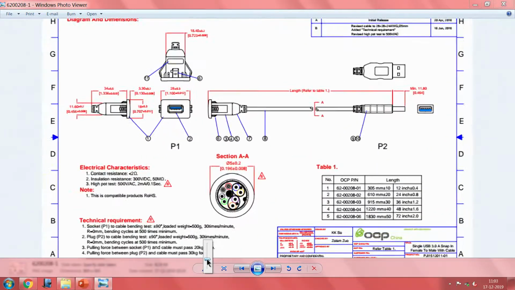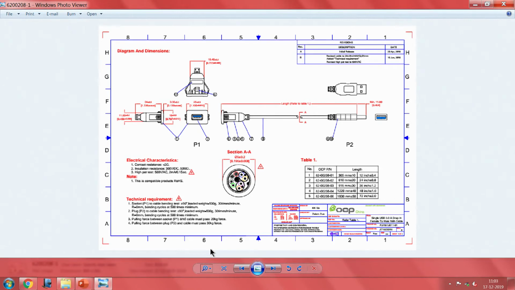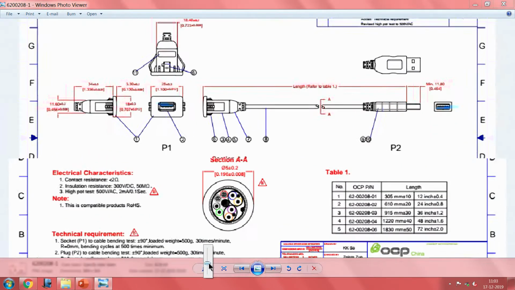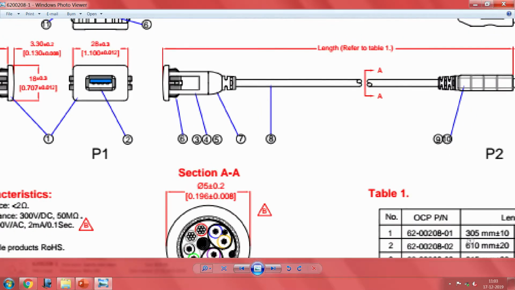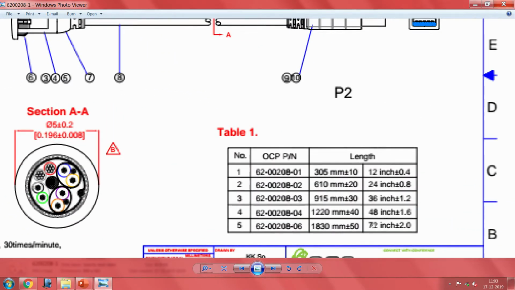What we used to think of as a relatively simple thing, just go to the market and get a connector, has suddenly improved dramatically. You see here there is a small part number, and related to the part number is the length.